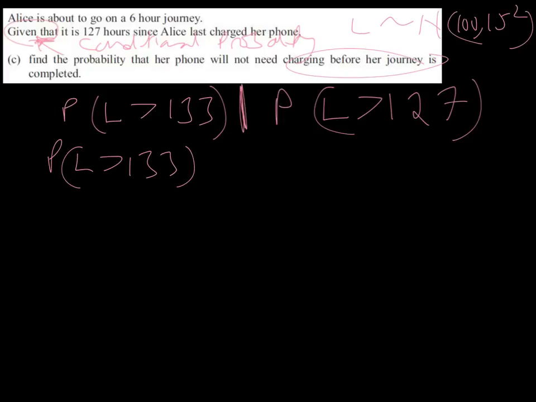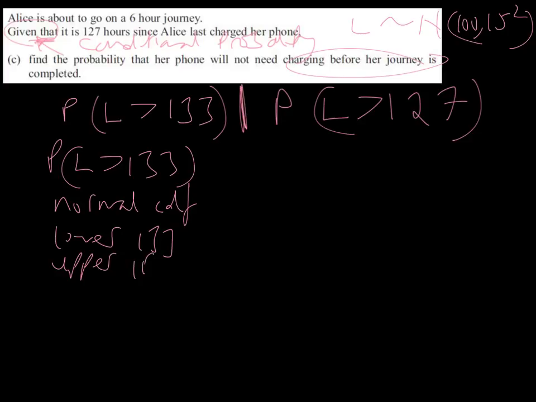So in this instance, we are going to use normal CDF, and we are going to use a lower value of 133 because we want it to be greater than 133, so that will be the lowest possible value. The upper value, again, will just be a really large positive number. The mean is 100 and the standard deviation is 15.